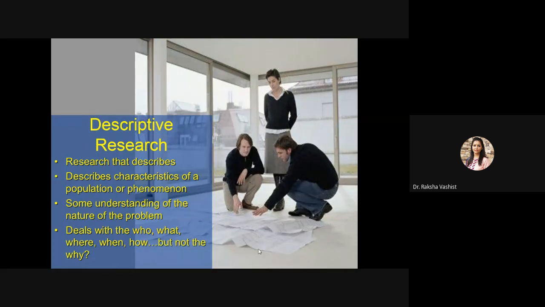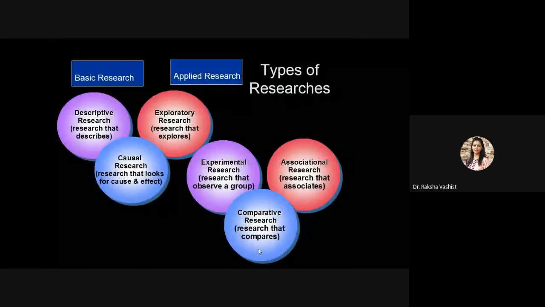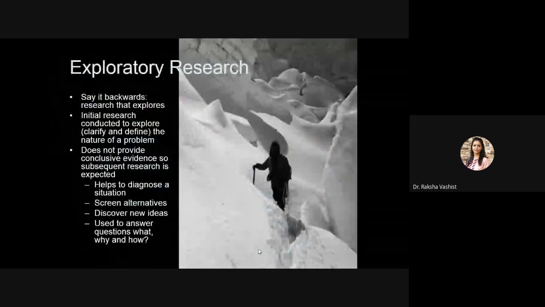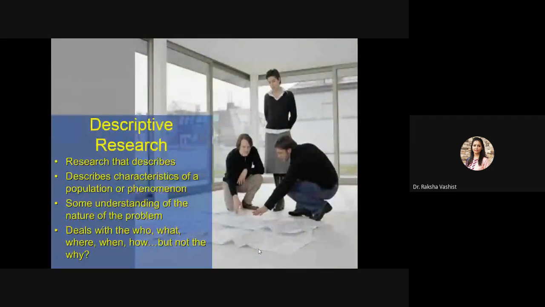All right. So the difference between exploratory research and descriptive research is now clear. In exploratory research, we have to question why. This is used to answer questions what, why, and how. So exploratory research deals with why, but descriptive research does not deal with why.